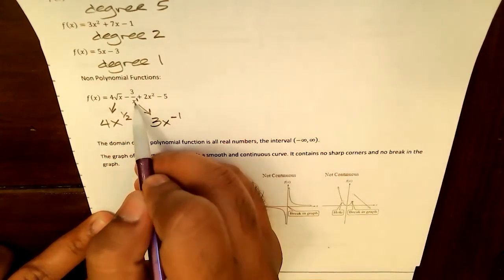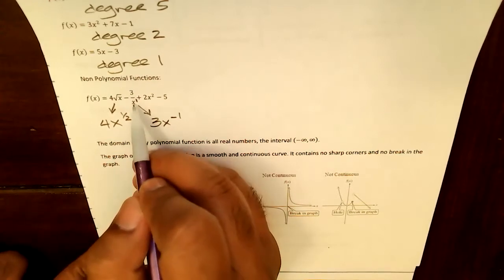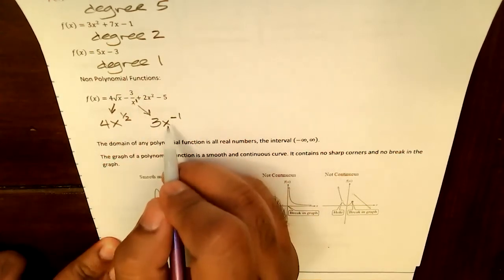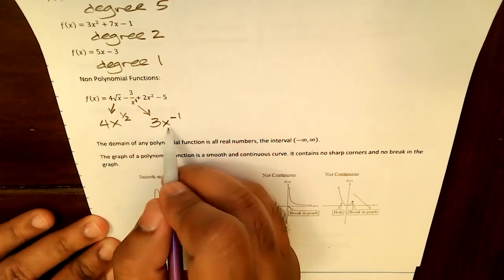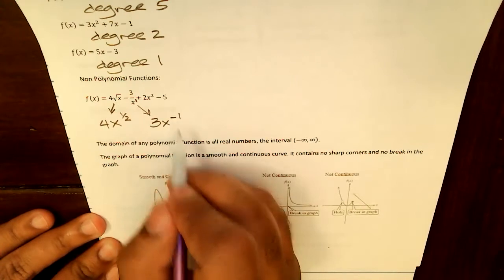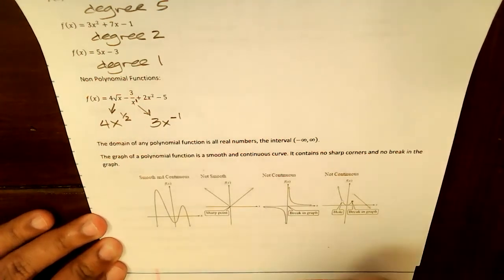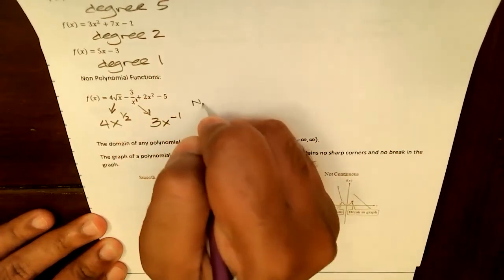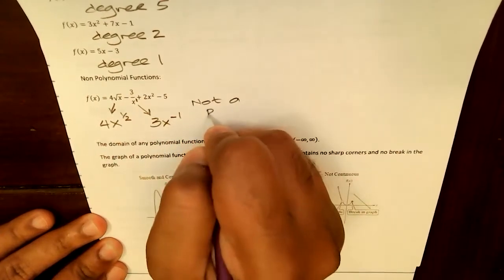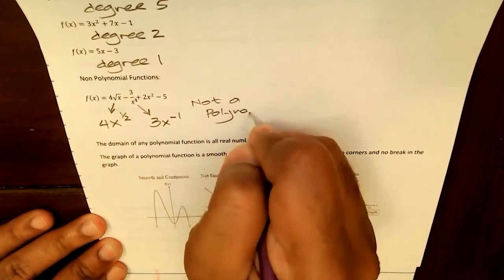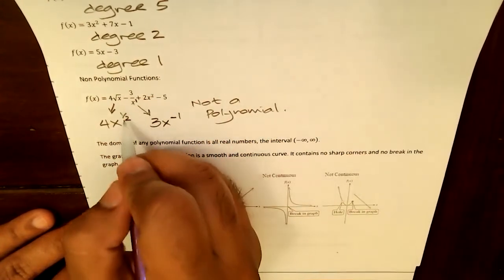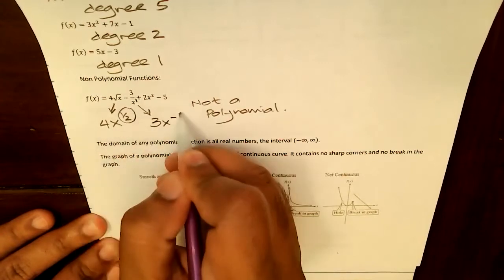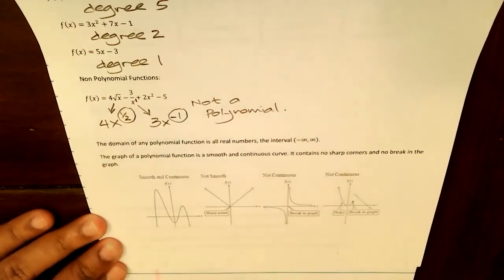So if you have x to the power of 1 in the denominator, when you move it to the numerator, it becomes x to the power of negative 1. Now we have a negative in the exponent, which is something else that we can't have with polynomials. So this is not a polynomial because of the powers on the x.